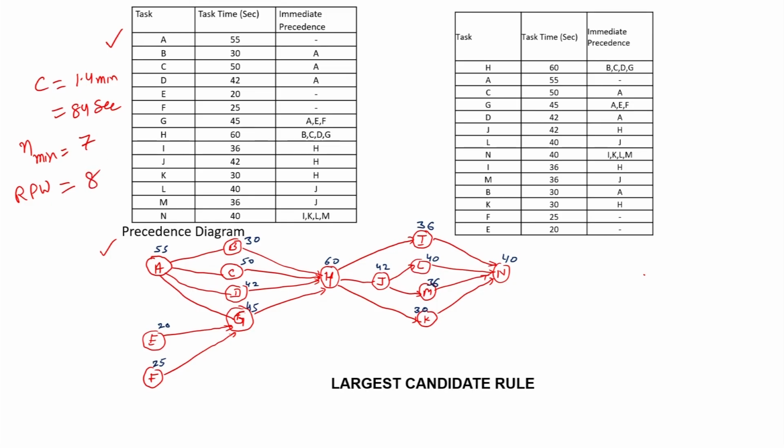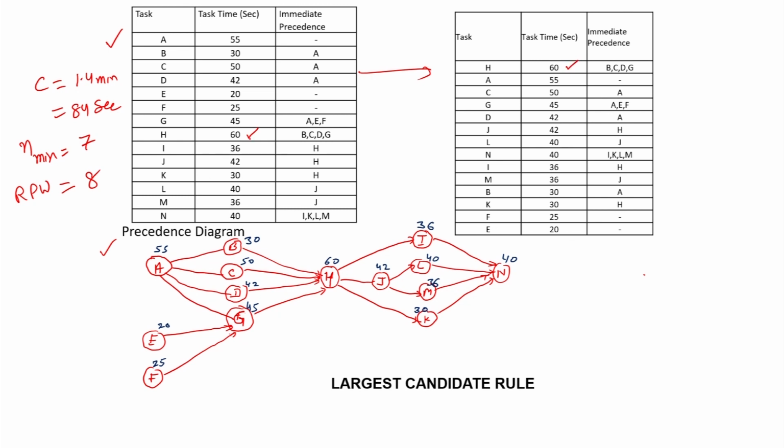Let us see here. We are not solving the complete problem, I will just give you the steps which are different from RPW. First, we should have the information about the various tasks which are required to be done and their immediate precedence, and then we will develop the precedence diagram based on that. Then we will arrange this table in the descending order of task time. The task having the highest task time is put at the top.